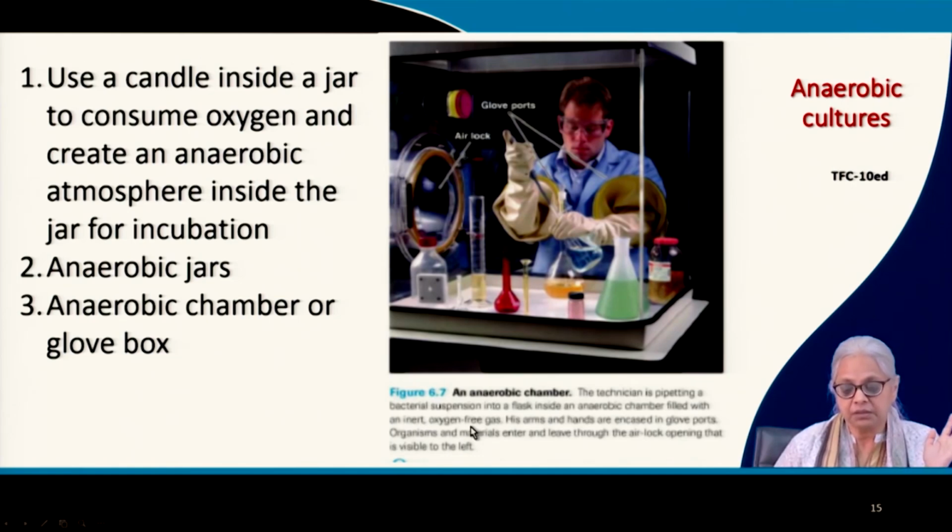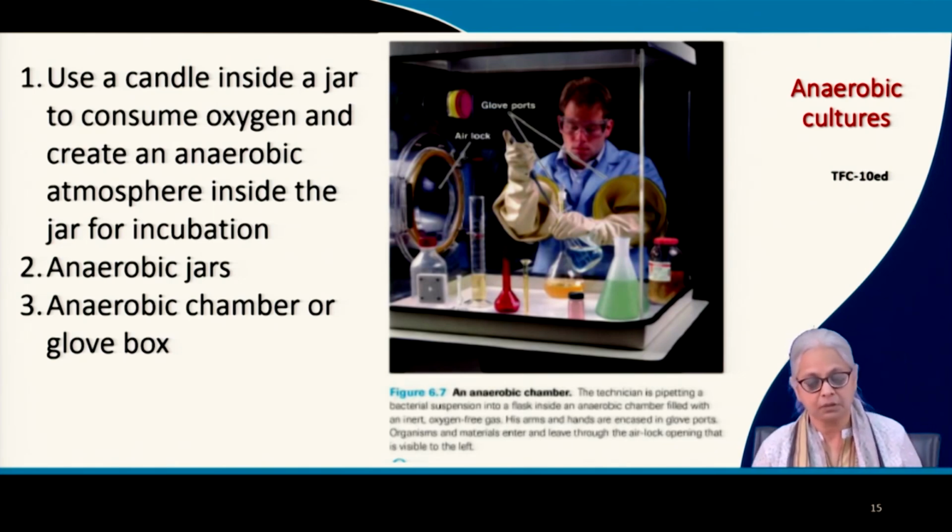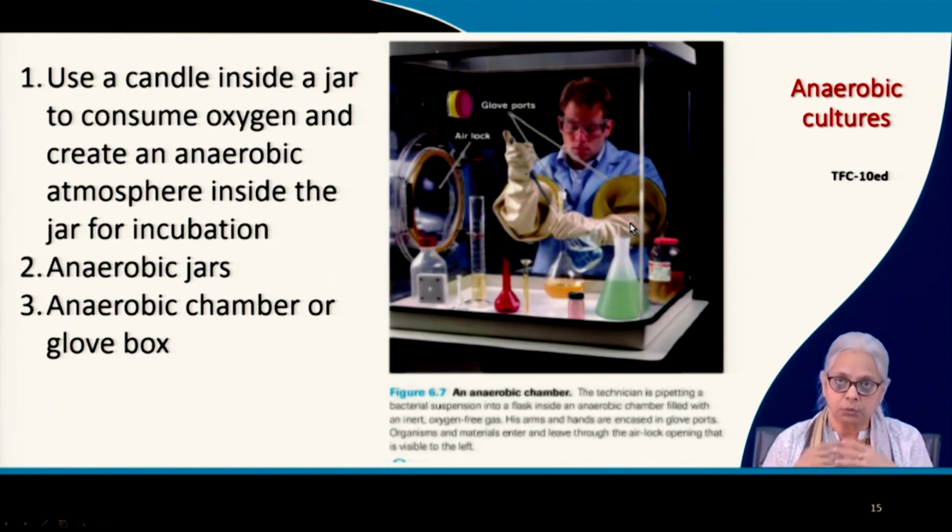So this is the inert, oxygen-free atmosphere that has been created within the glove box. There are gloves on the outside where the person working in the anaerobic glove box can put in his or her hands and manipulate all the objects inside. It's kind of difficult, but it can be done, and this is how you can do large-scale experiments with anaerobic conditions.